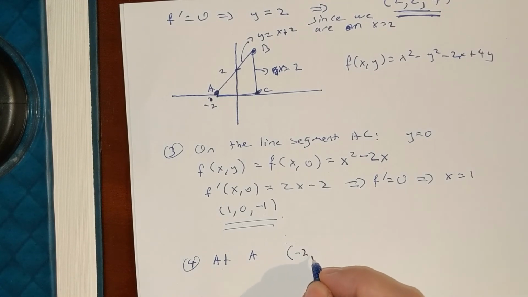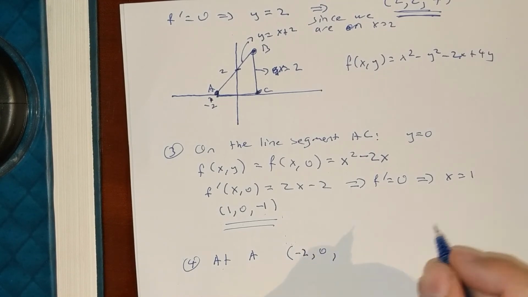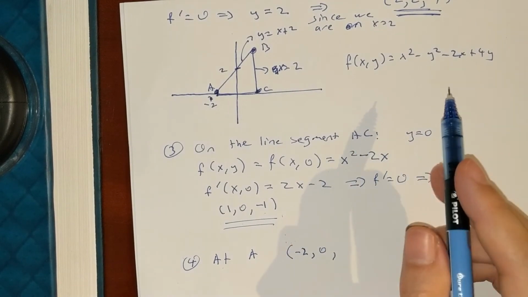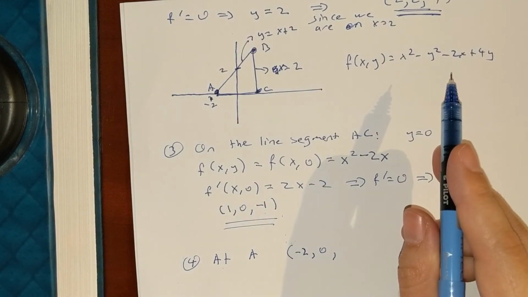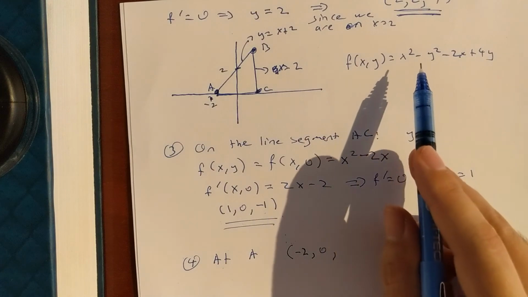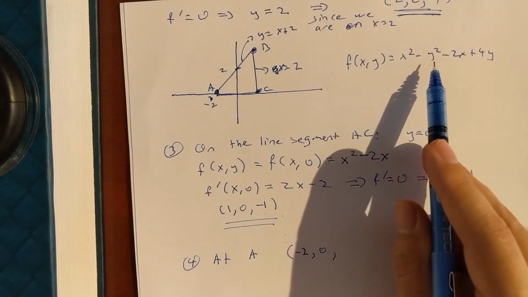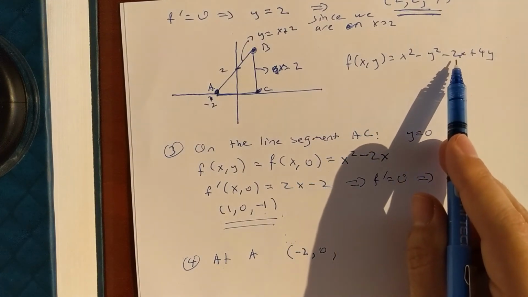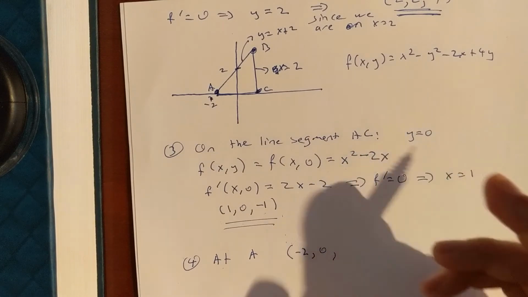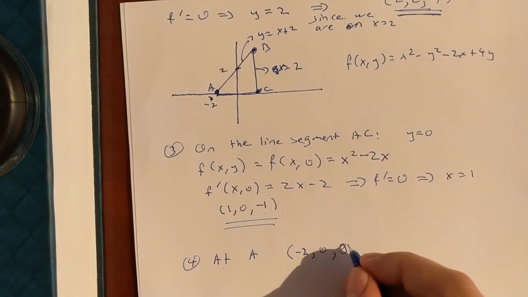That's minus 2. What is the y-coordinate? That's 0. Plug into the function again: minus 2 squared is going to be 4, this is going to be 0, this is again another 4, that's 8, and this is 0. So that's just an 8.